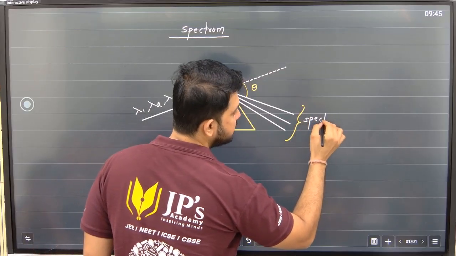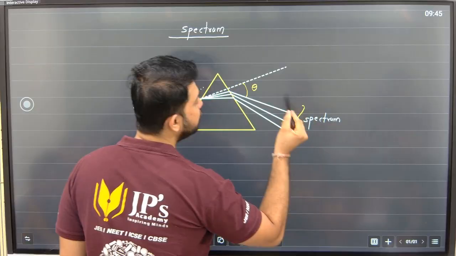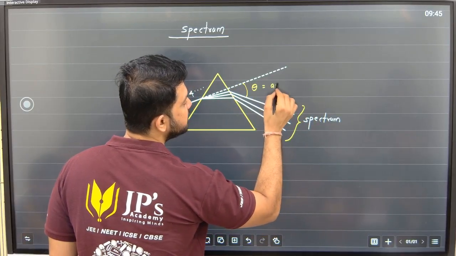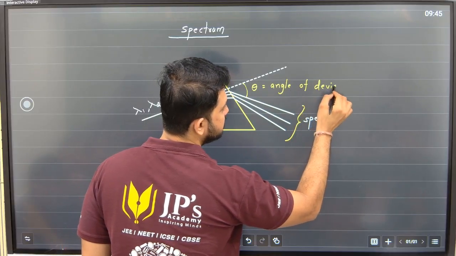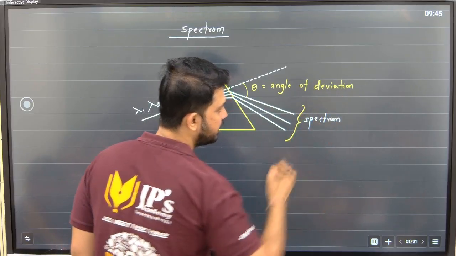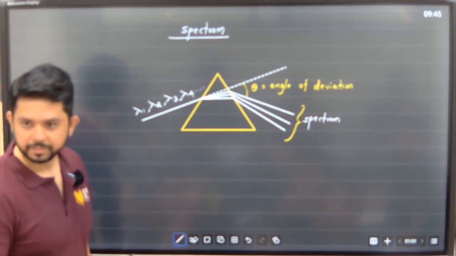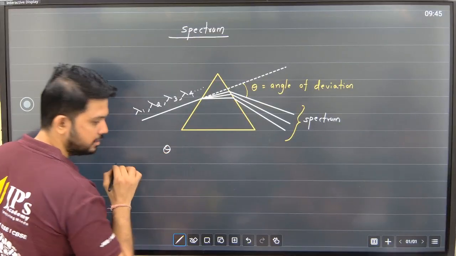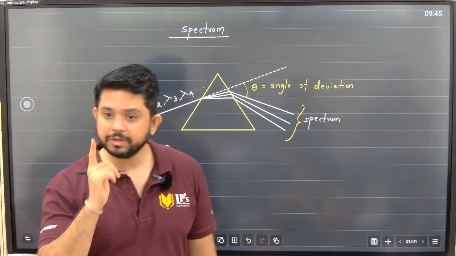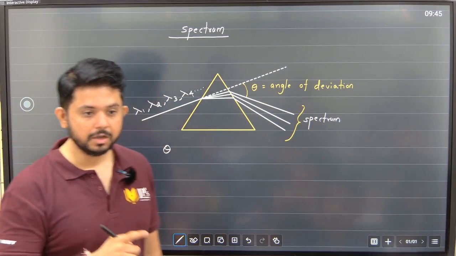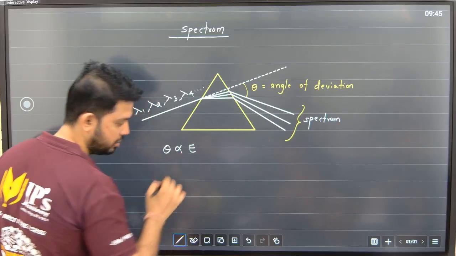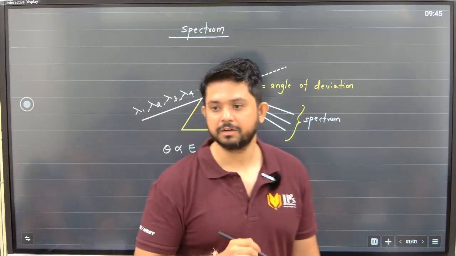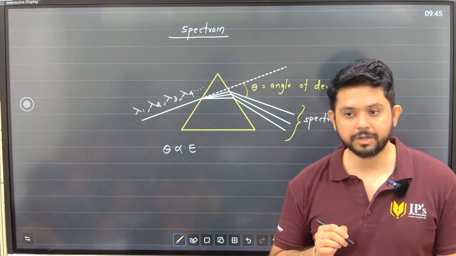Yes, and that theta is called as what, people? The angle of deviation. ऐसे कुछ पढ़ा था? नहीं पढ़ा है तो भी that is fine. This is called as the angle of deviation. Yes or no? Now people, this angle of deviation theta, or how much a light will bend, that theta depends on the energy of that particular wavelength, of that particular light.